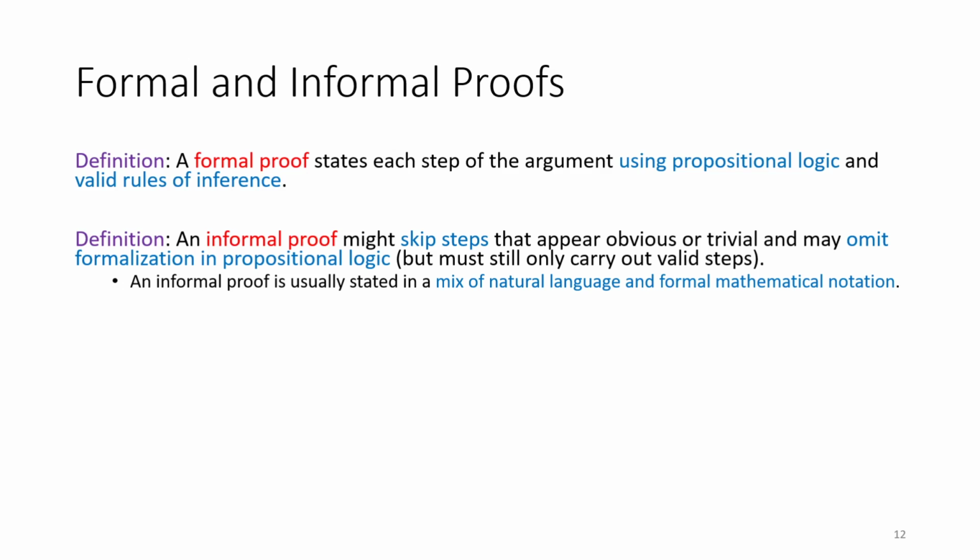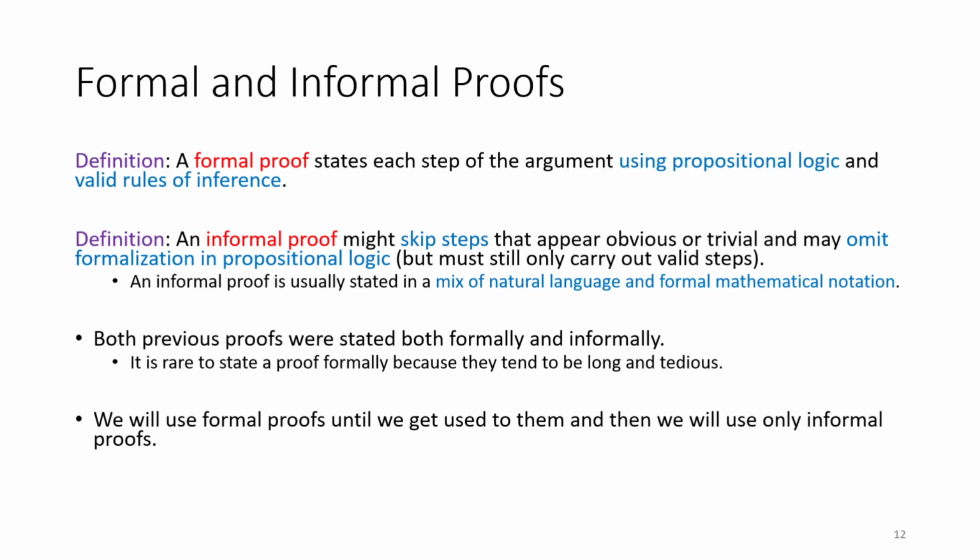We might skip from some just verbal description into some algebra and then pop back out, maybe have a diagram and so on. All of this is to make the proof easier to digest by the audience, which is typically another human reader.